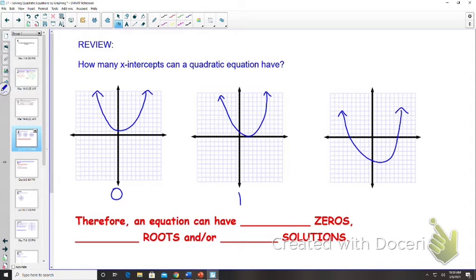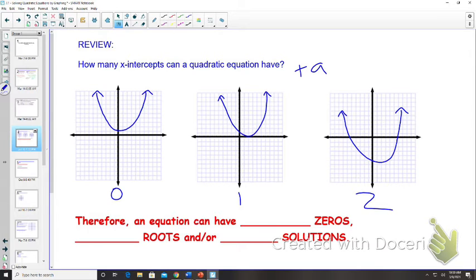And what could I say about my A value in all these cases? Your A value is positive. Yeah, for sure, because they're happy parabolas, right? They're positive A's, good.